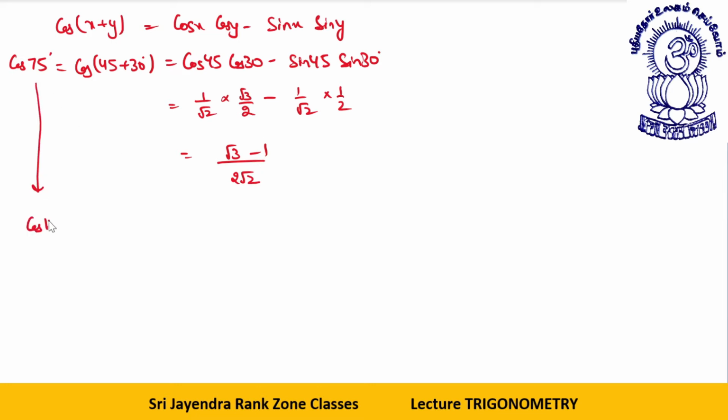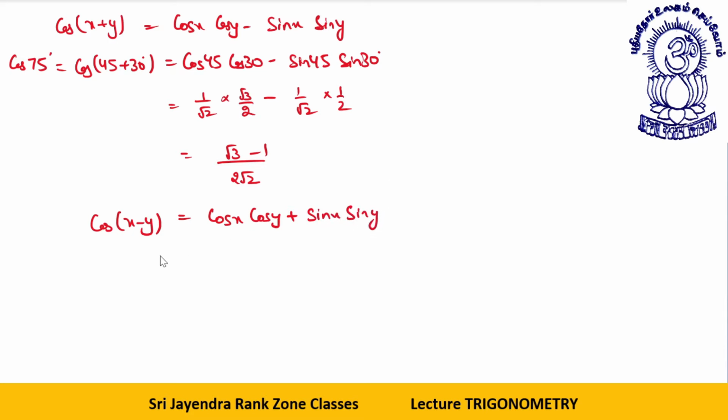Then we take cos 15 degree. Before doing cos 15 degree, let me take one more thing. Cos x minus y formula. Cos x minus y will be cos x cos y plus sin x sin y.